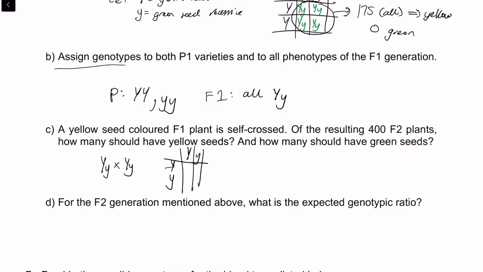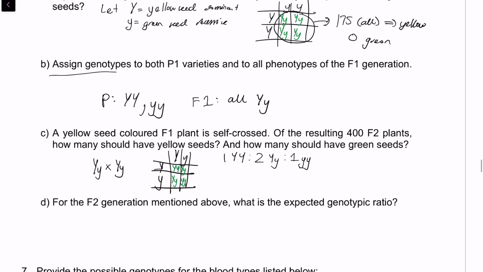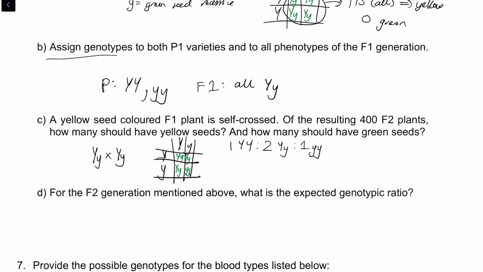If we make that, then what we will get is this 1 to 2 to 1 ratio for the genotypes, as we have learned, right? So we have 1 homozygous dominant, 2 heterozygous, and 1 homozygous recessive. Okay, but the phenotypic ratio will be just combining these first two genotypes to make a 3-to-1 ratio, with 3 being the dominant trait, which is yellow, and 1 being green.